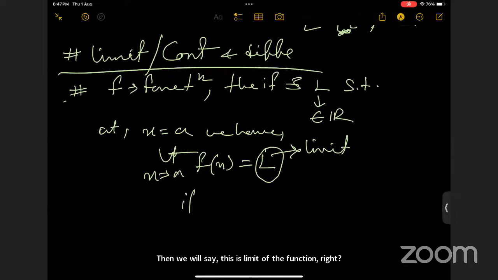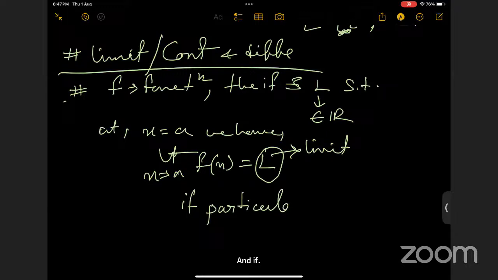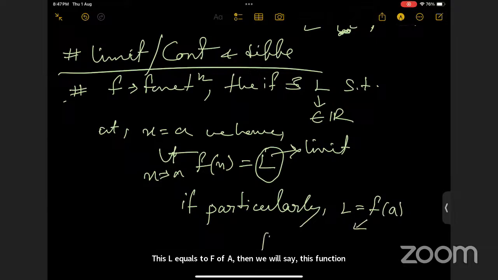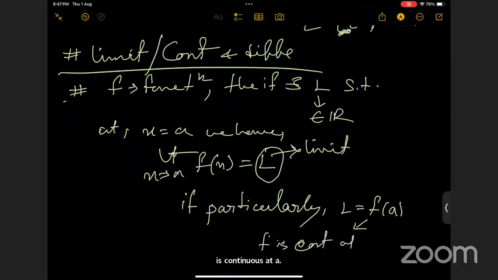And if particularly this L equals f of a, then we will say this function is continuous at a. It was the definition for limit and continuity.